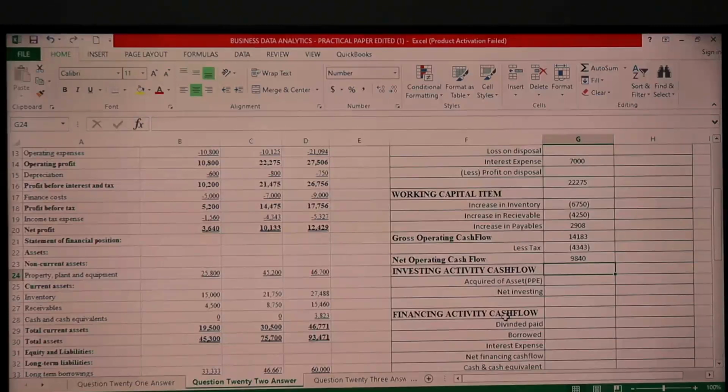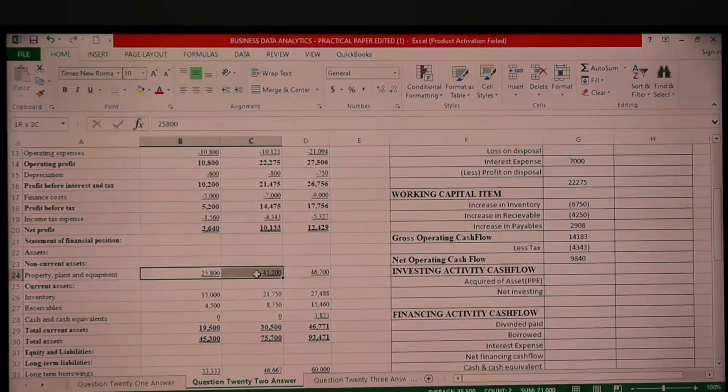So using the cell addresses, how will you get the acquired of asset? Remember that if it is acquiring of asset, we have those assets here, that is the properties, plant, and equipments. We are supposed to pick those values there.